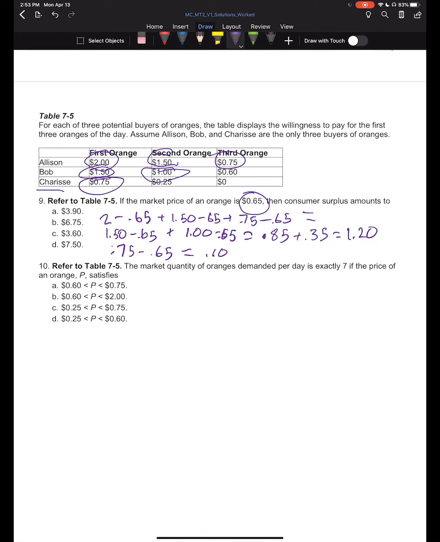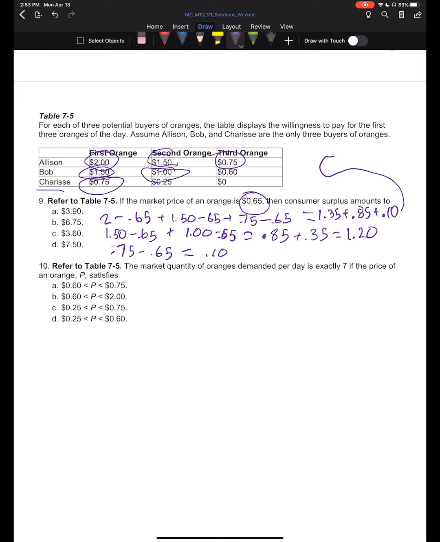And for Allison, her first orange is $1.35 worth of benefit, plus her second orange's benefit of 85 cents, plus her third benefit of 10 cents.